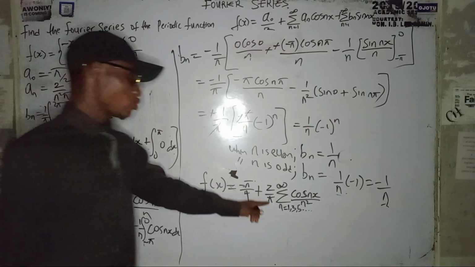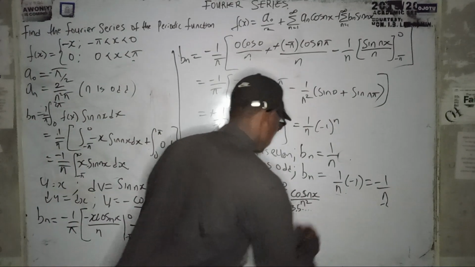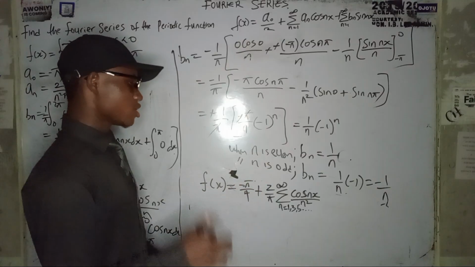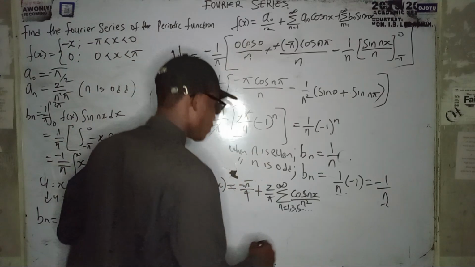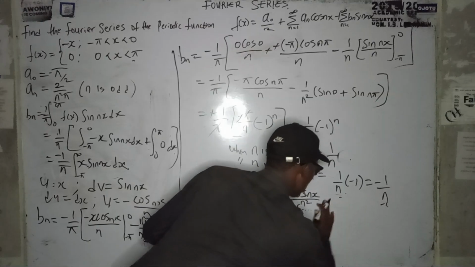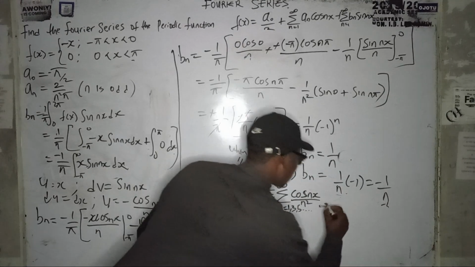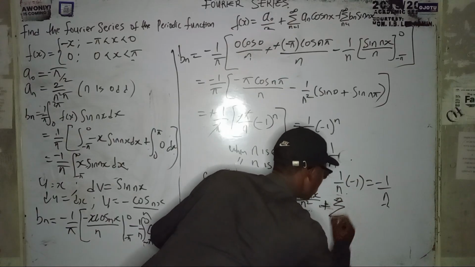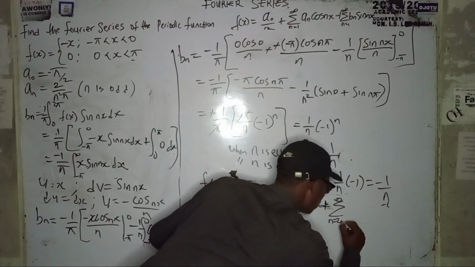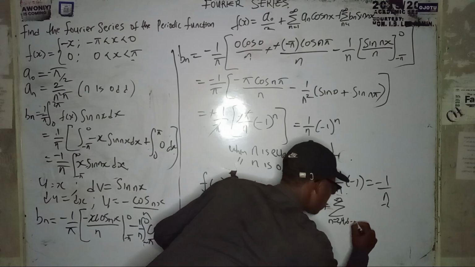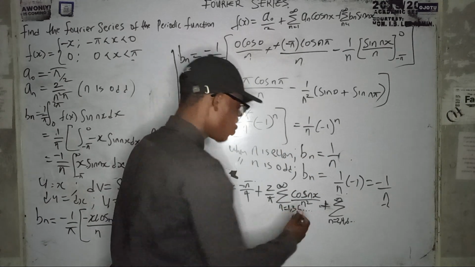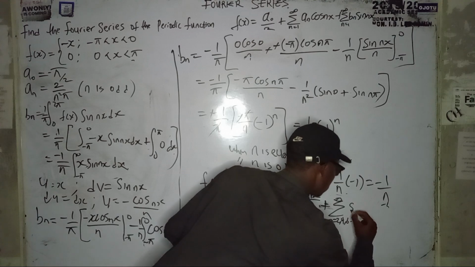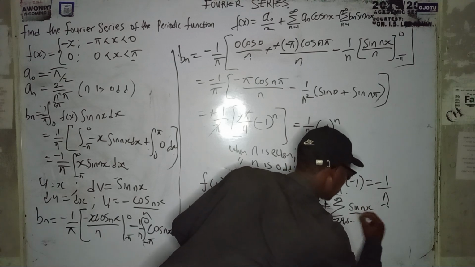We got out our 2 and our pi here, and for the sine here, we are going to be having 2. The first one is plus the summation of n equals 2, 4, 6, that is the even one, of sine nx over n.